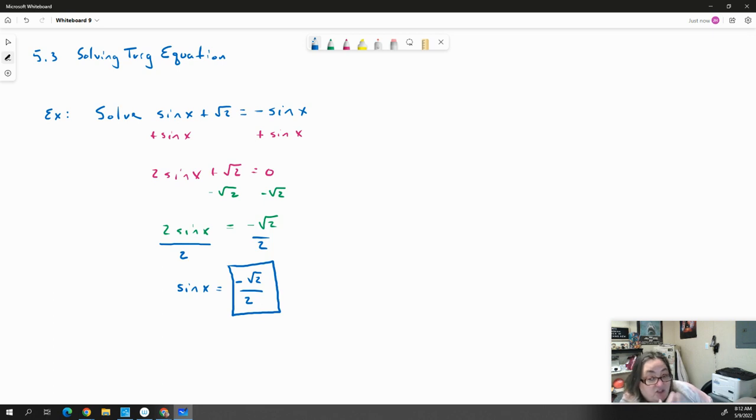We wind up with just that equals something. Does that make a little bit of sense? I know it was a fairly simple problem. I have another sample one in there, but it's just sine of x minus radical 2 equals minus sine of x, which is basically the same problem. I don't see any reason for us to work that one out.